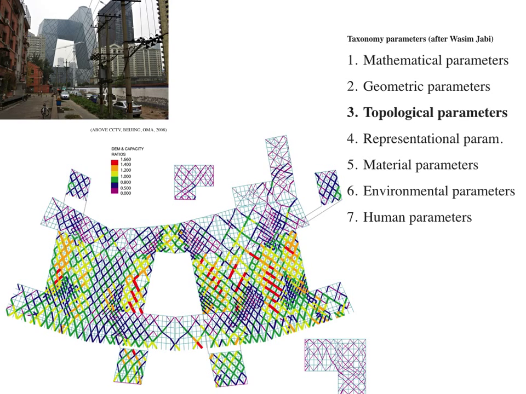We're looking at a diagram of the CCTV by OMA in Beijing from 2008, where topological parameters were deployed. This is an example of a diagrid pattern, which is topology that derives a surface in a consistent manner regardless of the exact geometry of the parent surface or resulting pattern.